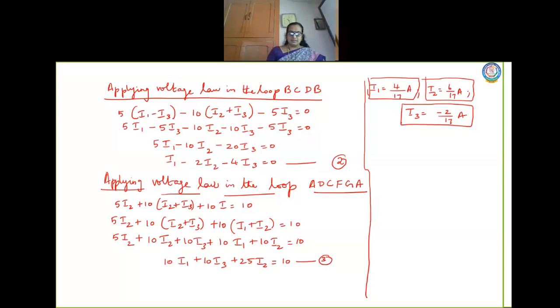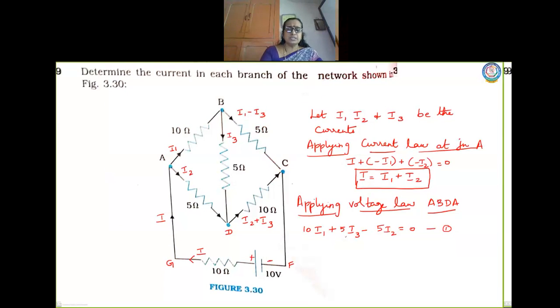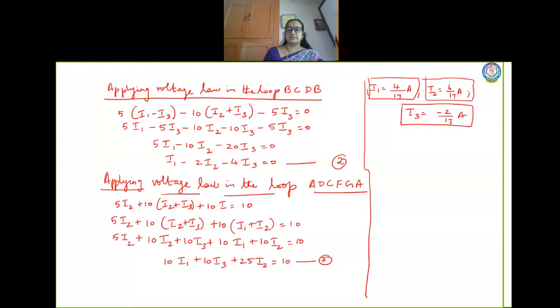Okay, so get this value of I1, I2 and I3. Then I'm going to substitute now. Look at this diagram once again. Now here I have the values of I1, I2, I3. In this lead I have I1 minus I3. In this lead I have I2 plus I3. So I need to find the value of current in each lead. First I will find the value of I1.